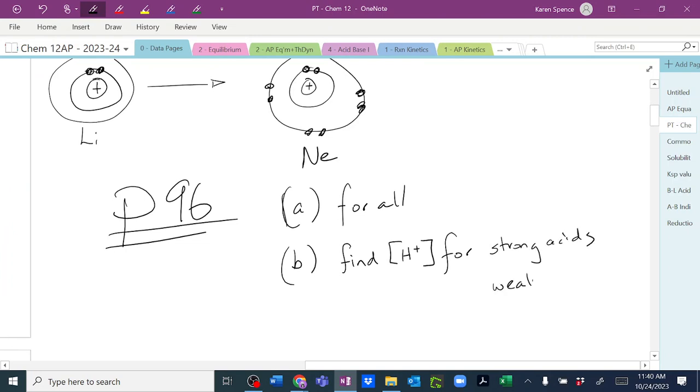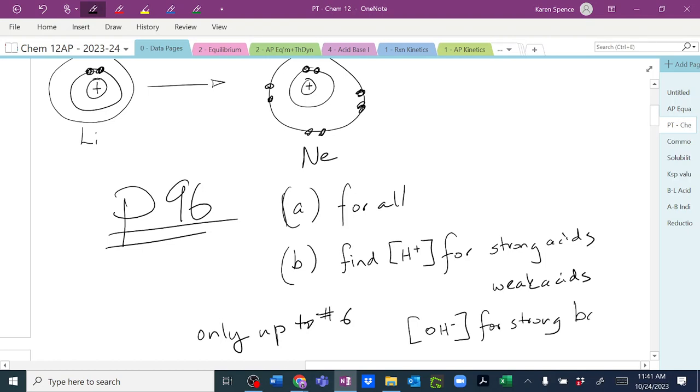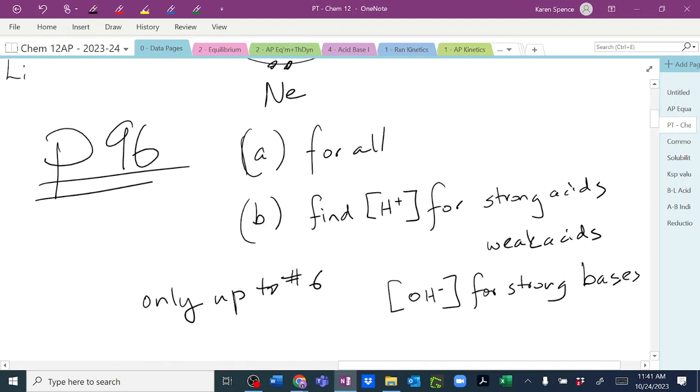For the weak acids, and we're only going to go up to number 6. Only up to number 6, and we will find the concentration of OH minus for strong bases. Have we got that? It's all going to be on Teams, but I'll make it big, so if you want to take a picture, you can.